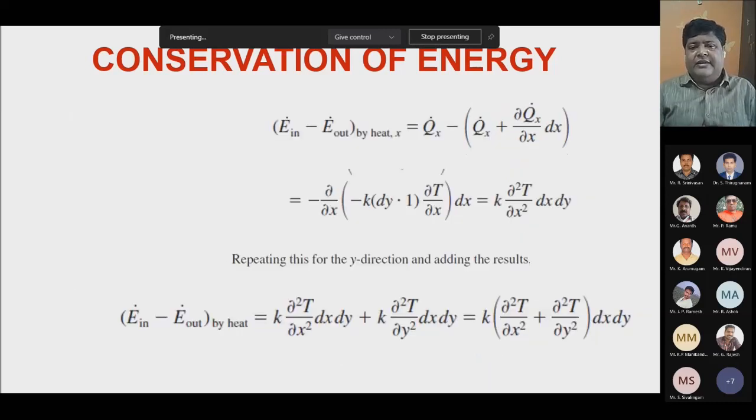And now we look at energy entering by heat and energy going out by heat. Heat entering the left face is Qx, and heat leaving the right face is Qx plus change in Qx by dou x into del x. Since it is by conduction here, because heat is entering by conduction as the fluid is there, you use the Fourier law, which is nothing but minus k into dou T by dou x.